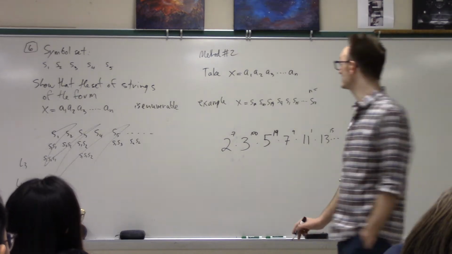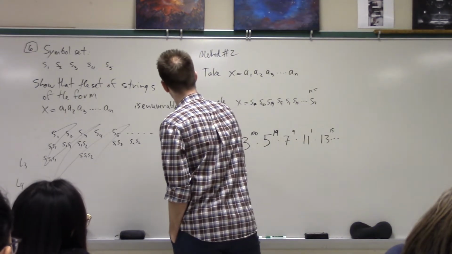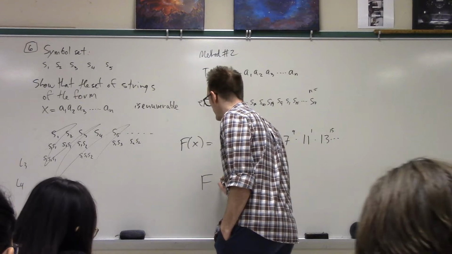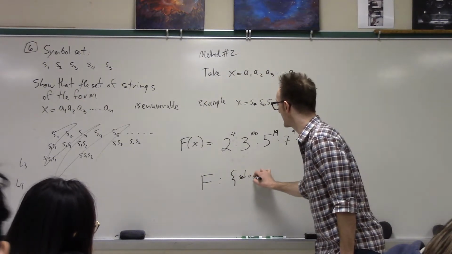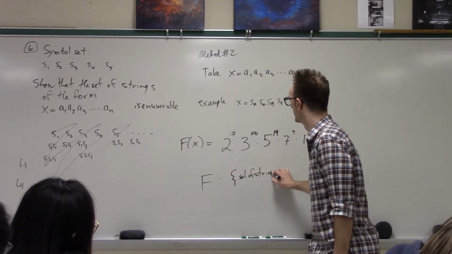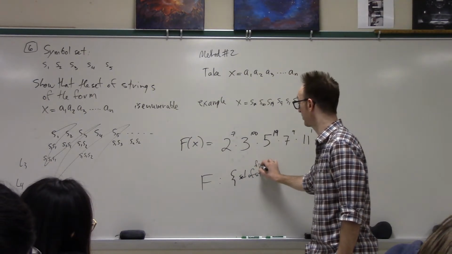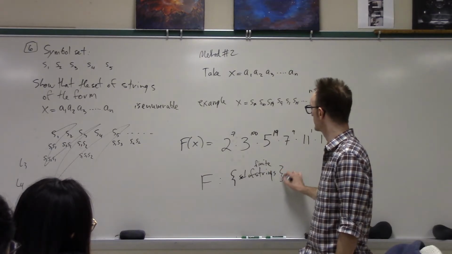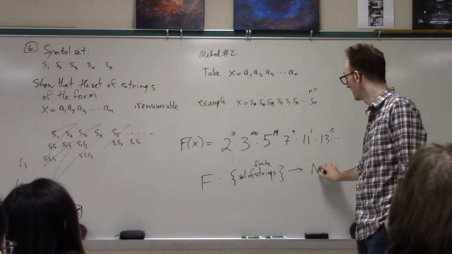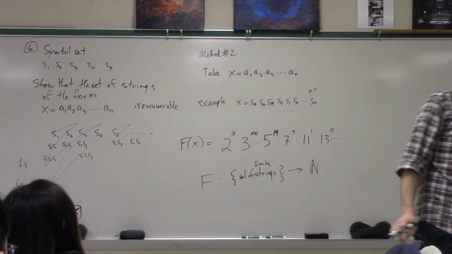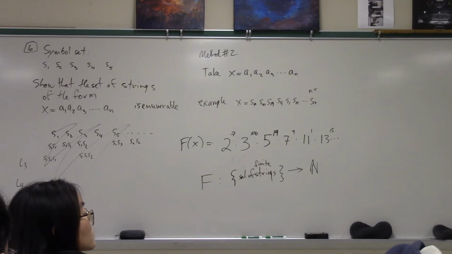In other words, what we have really done is we've created this big function f, which takes you from the set of finite strings, that's really important, the set of finite strings, to the naturals. Every single possible string can be coded as a natural number by taking the index of the characters of that string and putting them up into the powers of the primes.